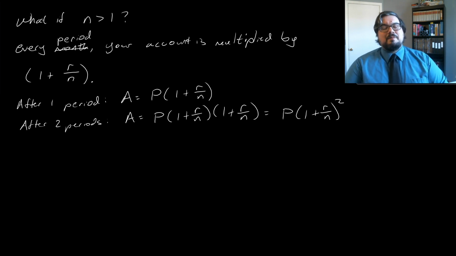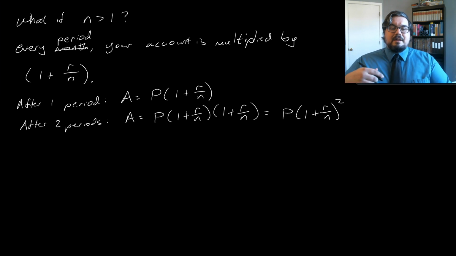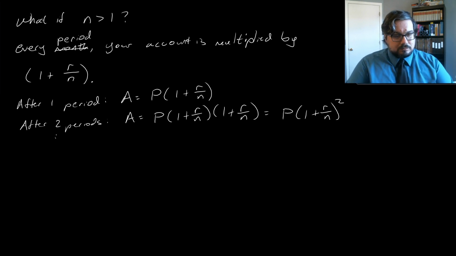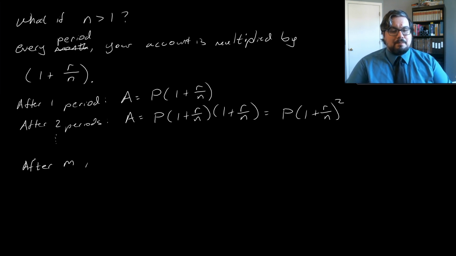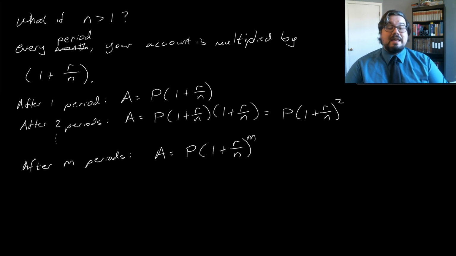So every time another period goes by, whether that's a month or a day, the amount in your account is multiplied by 1 plus r over n. And so after m periods, let's say the amount in your account is equal to p times 1 plus r over n raised to the mth.